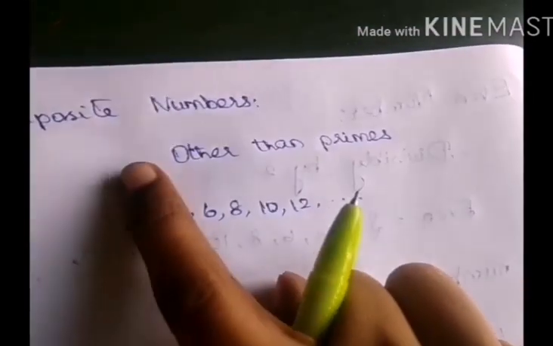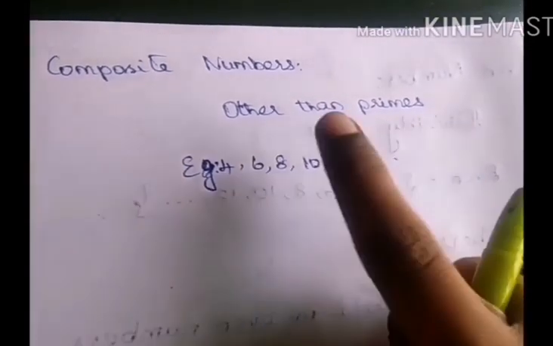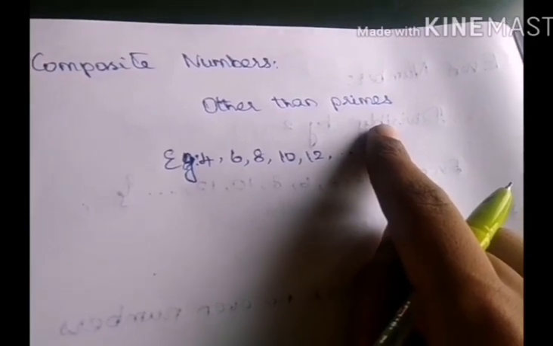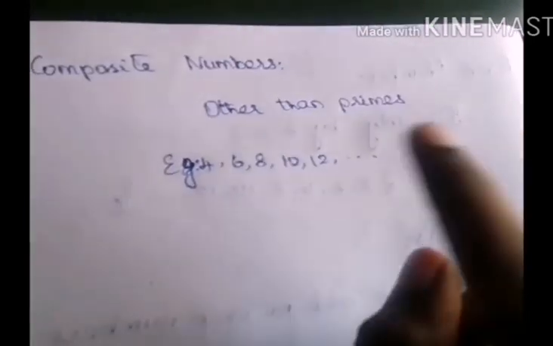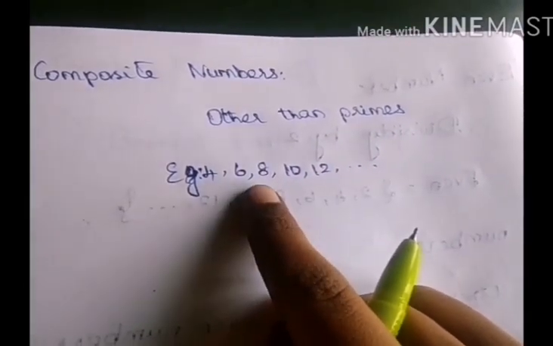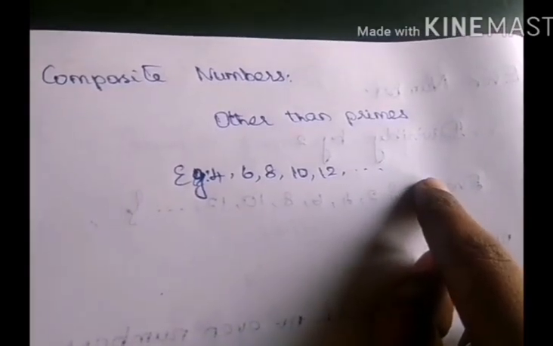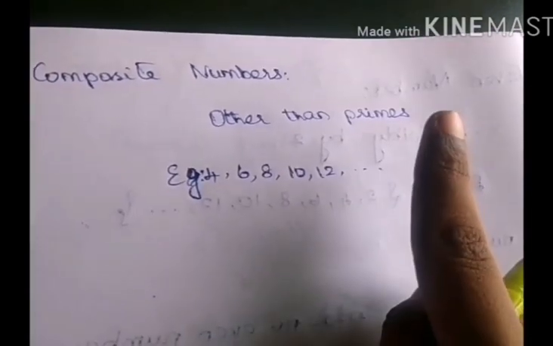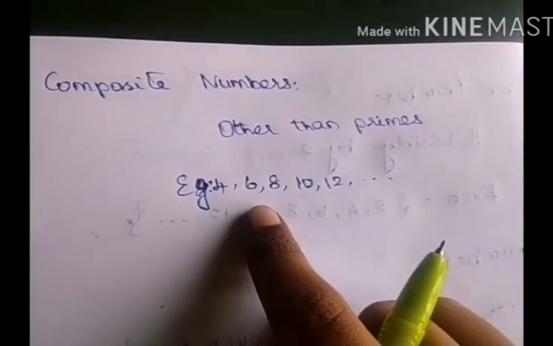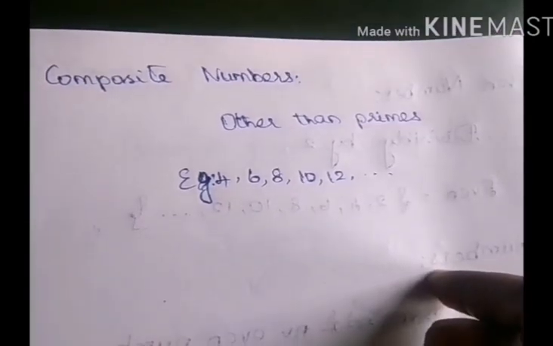Next come composite numbers. Composite numbers are numbers which are other than primes and whose factors are more than 2. For example, 4, 6, 8, 10, 12, etc. We don't consider 1 either in prime or in composite numbers because 1 is neither prime nor composite.